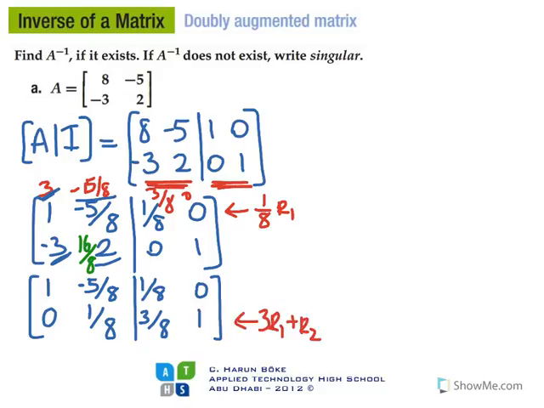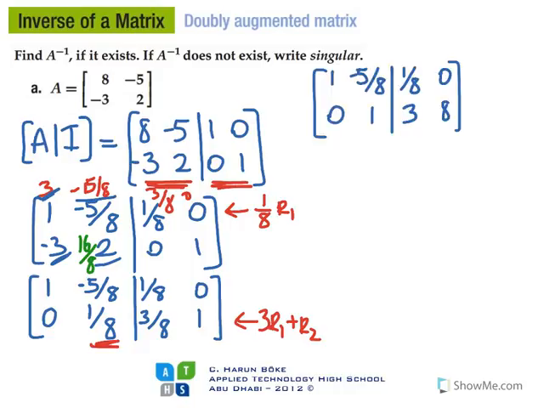Now, if I multiply the second row by 8, I will get 1 in that row on the left hand side. So I will do that. Here the second row will be 0, 1, 3, and 8. Now if I multiply the second row by 5 over 8, it will be 5 over 8 here, so 15 over 8 here, and 40 over 8 here, meaning 5.